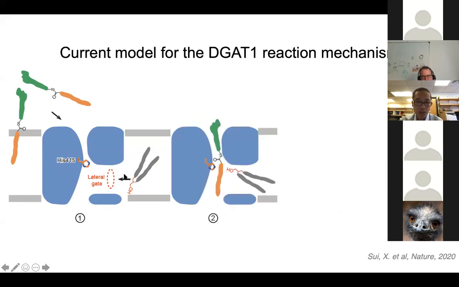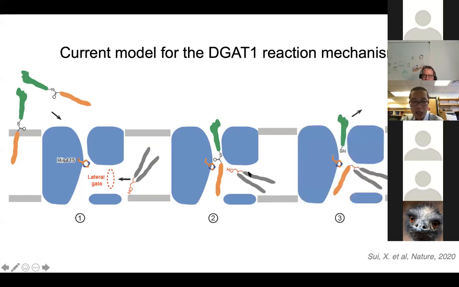When both the donor and the acceptor are bound in good position, the acyl chain, with the help of histidine, is transferred to the OH group in the DAG, and the final hydrophobic TG product is probably also released through this gate to the ER membrane, and the free coenzyme A, which is soluble, dissolves back into the cytosol.